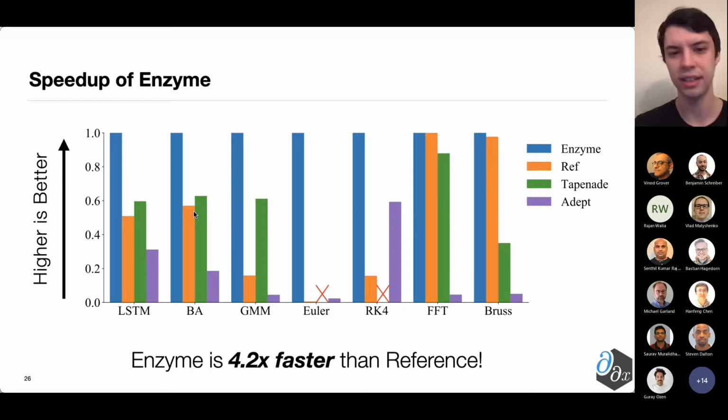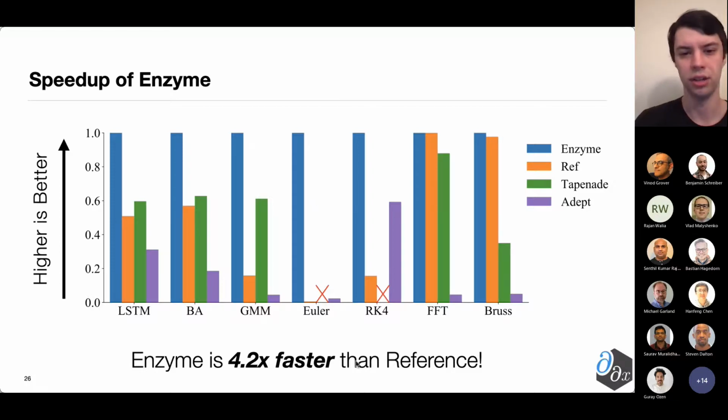Now, this isn't necessarily the case here across the board, and the reason for this is because there are differences in the underlying implementation of how these tools represent and then store the instructions. As an example, Adept tends to do more poorly across these benchmarks than most tools, and the reason for this is because Adept has to store that instruction stack of tape and then reinterpret it to compute the derivative of all of these pieces.